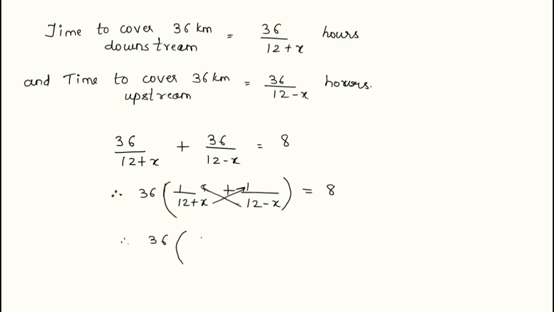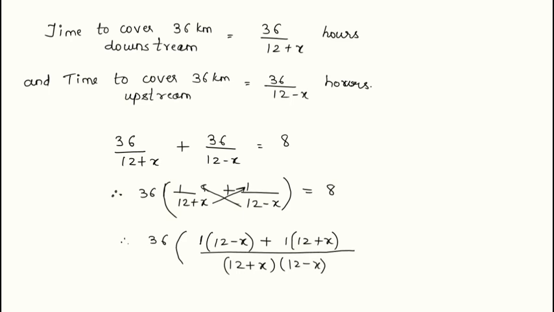Okay, so what we will get? 1 into 12 minus x plus 1 into 12 plus x upon the denominator, which is common now.